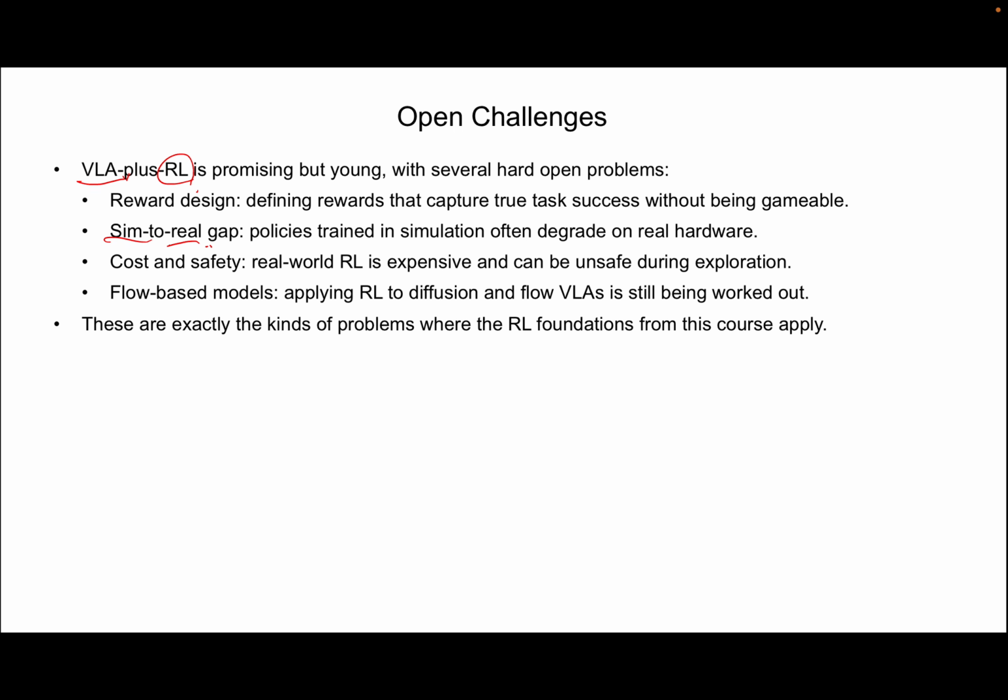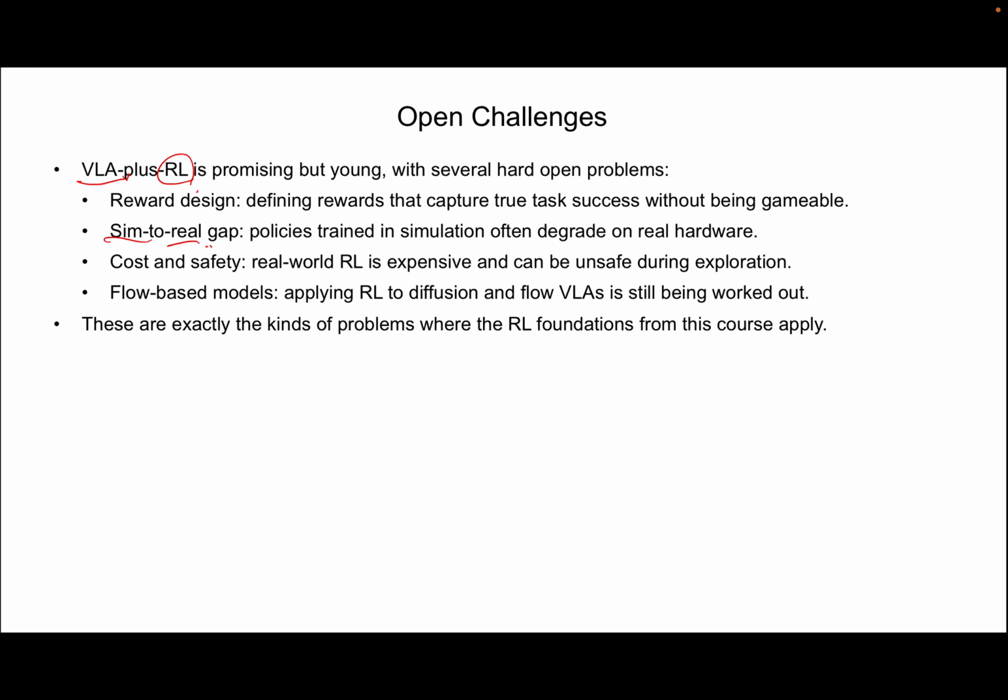If we use a more realistic simulator, then of course we can reduce the sim to real gap, right? That is also one problem at this moment. Although people are working on world models, the quality of today's world models is not very good because it is not mature at all. So that is also a problem.